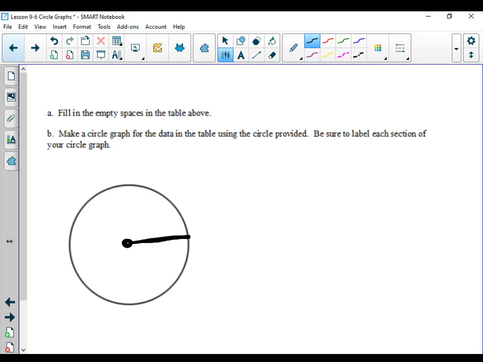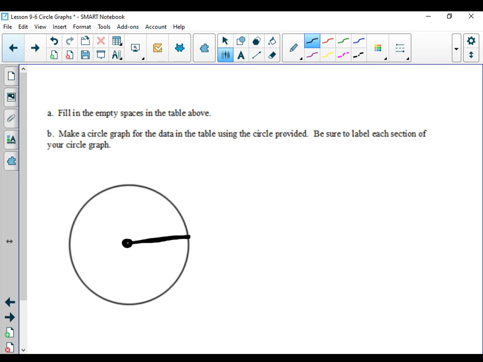What degrees did we put for restaurant? 157.5. So I'm following my 0. 0, 10, 20, 30, 40, 50, 60, 70, 80, past 90, all the way over to 157.